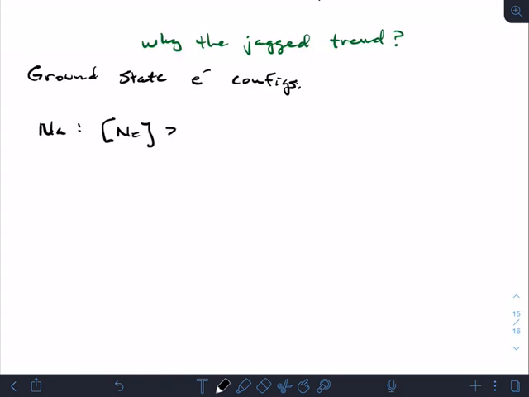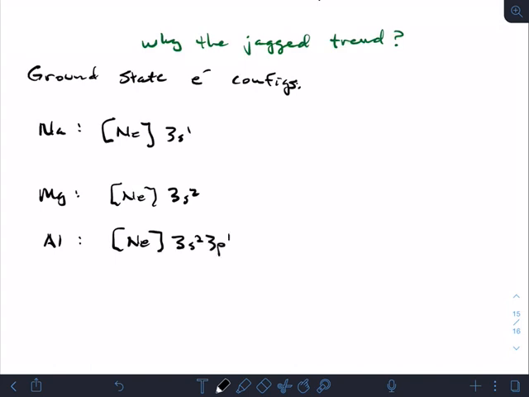So sodium is neon 3s1. Magnesium, neon 3s2.